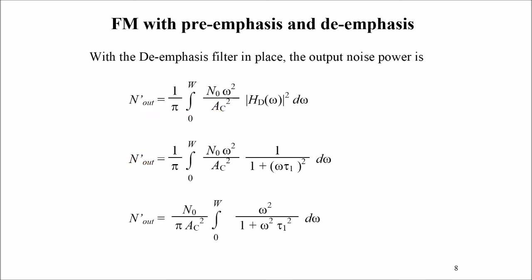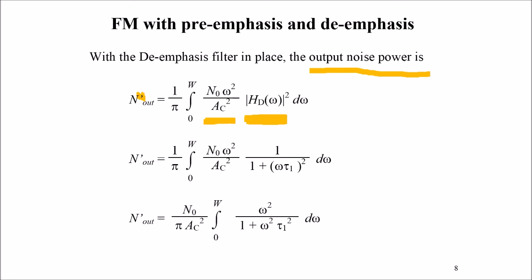Now, with the de-emphasis filter in place, I want to find the output noise power. So I've put a little prime here to indicate that the de-emphasis filter is in place, and the output total noise power is found by 1 over pi times the integral from 0 to W of N naught omega squared over AC squared, which is the noise power spectral density, and now we multiply that by the magnitude squared of the de-emphasis filter.